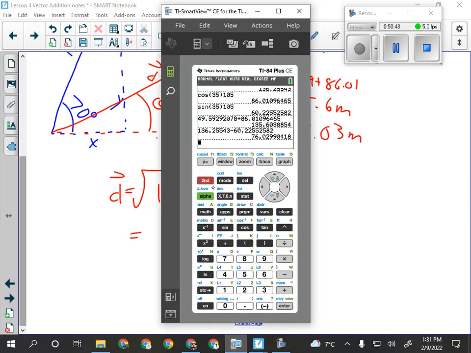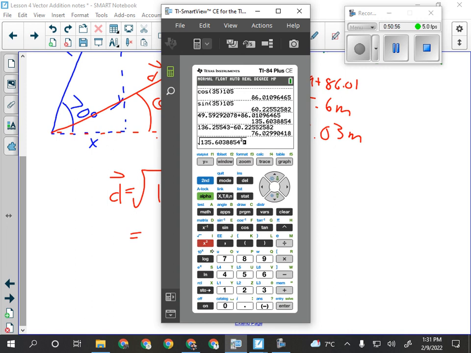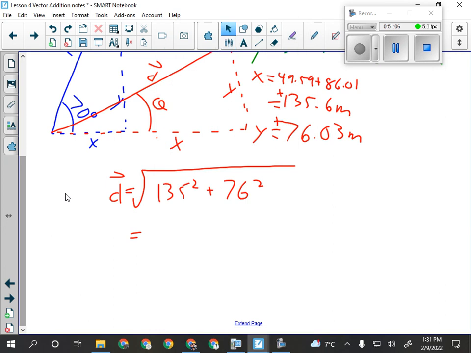Again, putting all the numbers into my calculator when I do this. 135 there, squared, plus that one squared. All right, 155.46 meters.